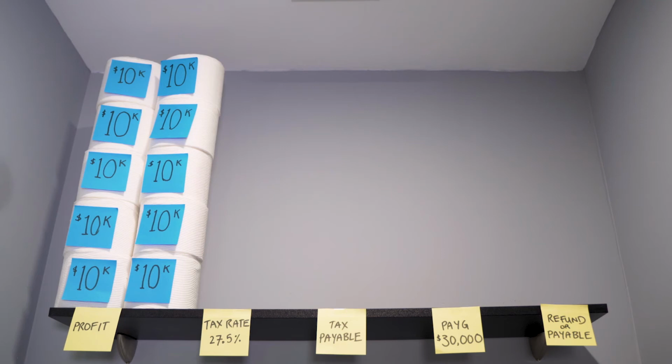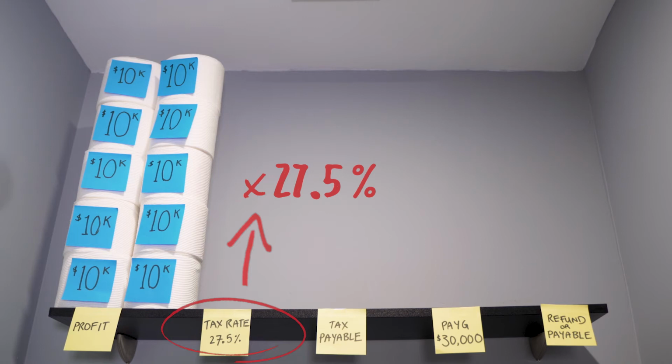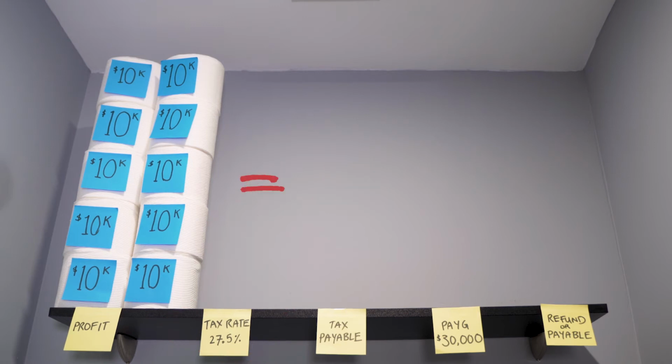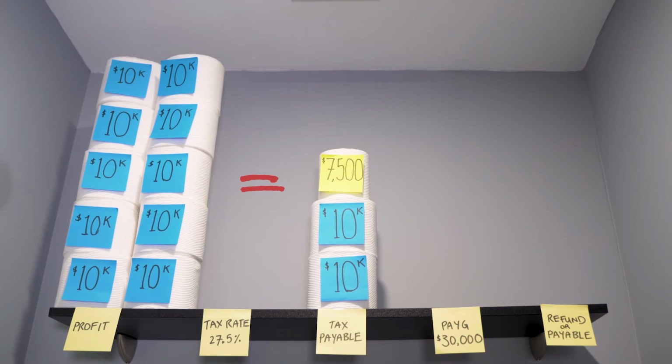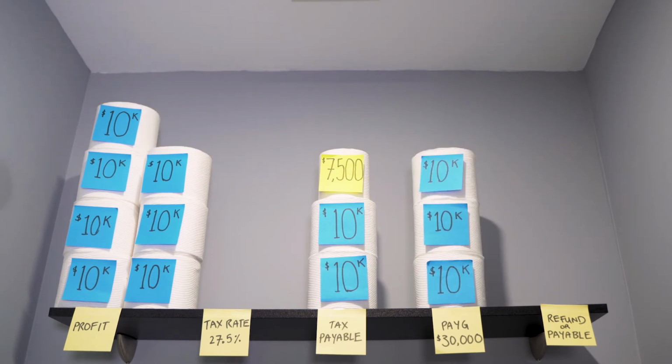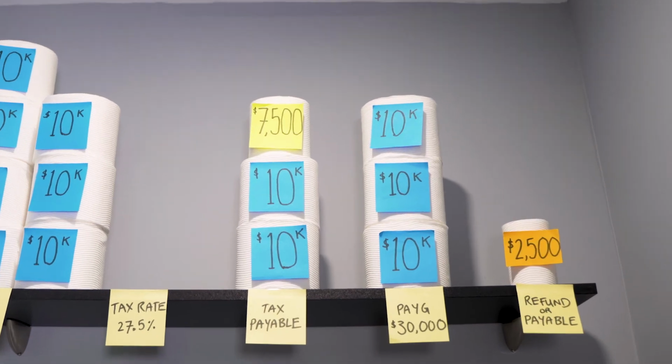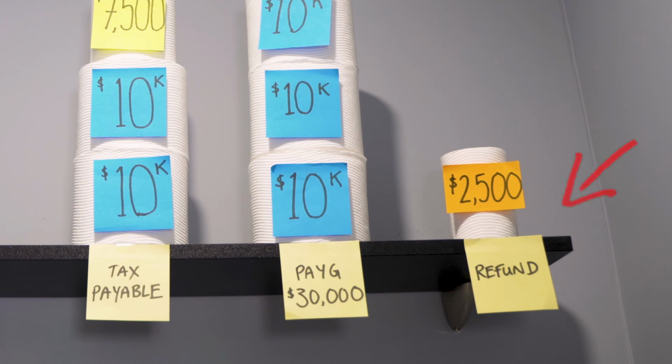Now your tax rate stays the same at 27.5%, and that 27.5% will times by your total profit of $100,000. So as a result, your tax payable is $27,500, but you've already paid $30,000 of taxes throughout the year. So you should get $2,500 back instead. So that is your tax refund.